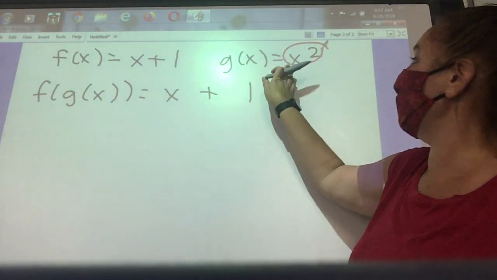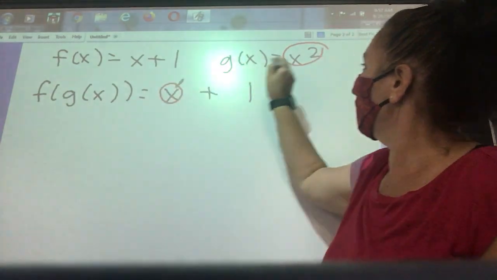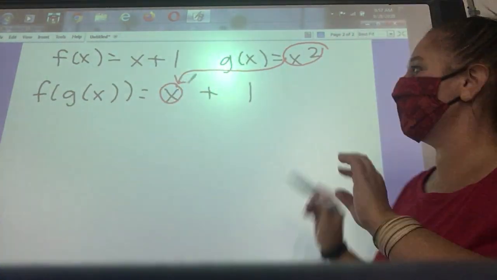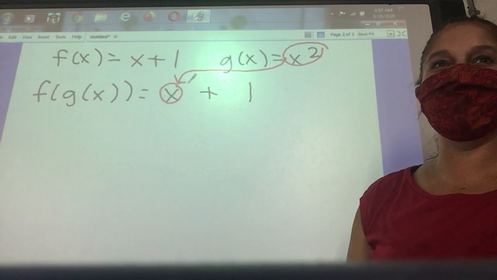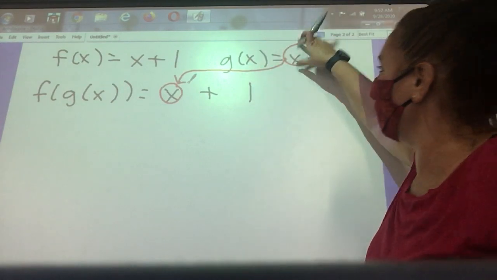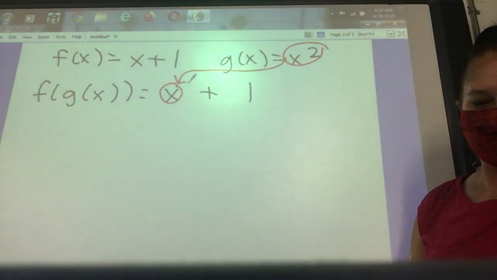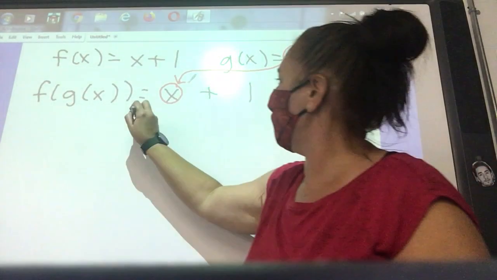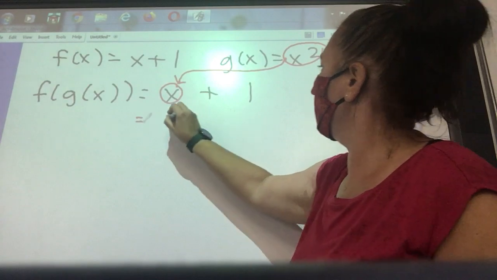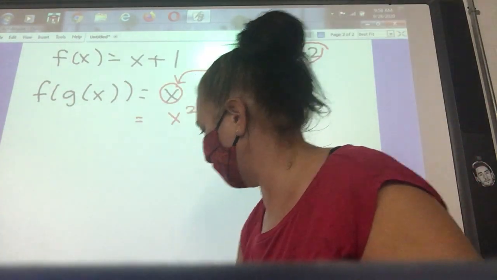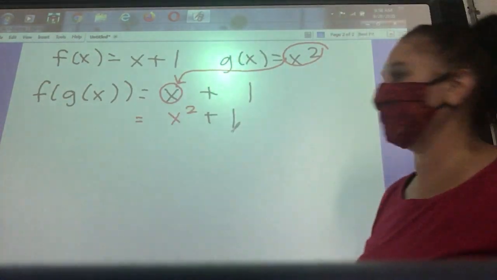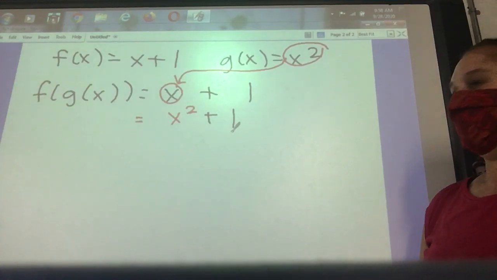So wherever you have an x in f, you stick the g into where there's an x in the f, if that makes sense. So you're taking your g function and you're inserting it into the f function. So when I insert that, I replace, and that's our final one. That's how you do f of g of x.